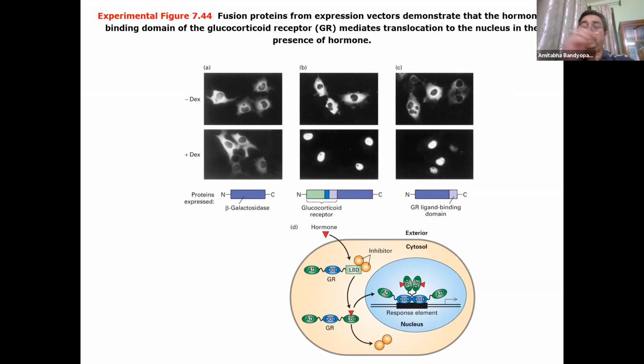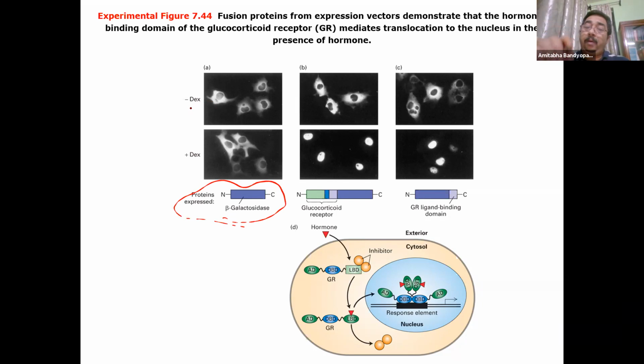Take beta galactosidase, which has nothing to do with nuclear translocation. It is expressed in a mammalian cell, and whether it is with or without an agonist for glucocorticoid receptor, dexamethasone, it stays outside in the cytosol.